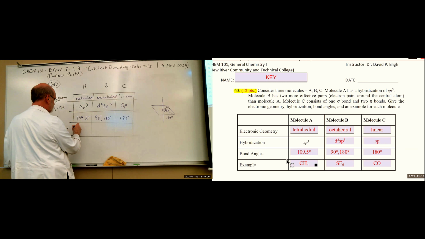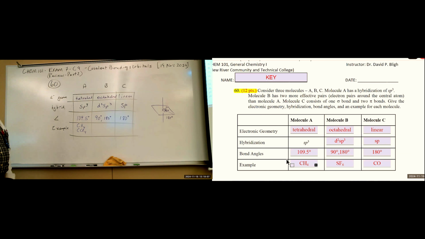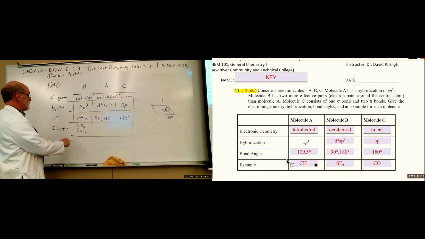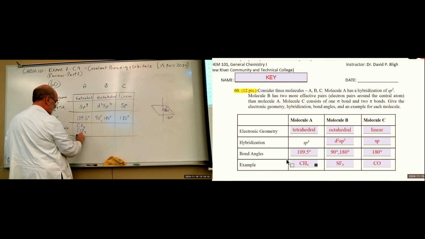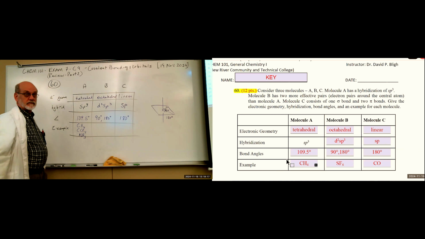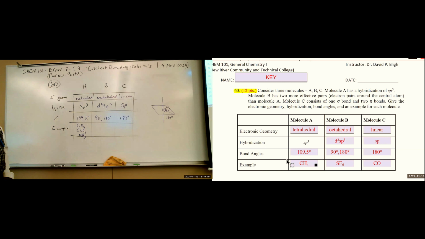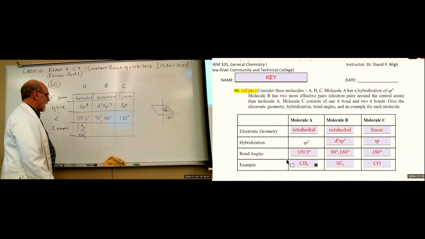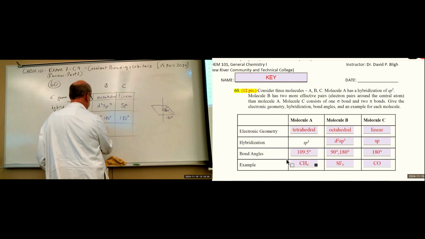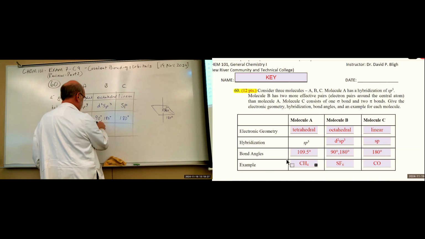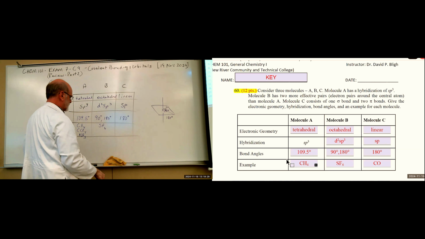Examples. Methane is a good one. Carbon tetrachloride is a good one for tetrahedral. If you want tetrahedral electronic geometry, you can also have ammonia, right? Because it's electronic tetrahedral. Octahedral, SF6 is good. It would have both of those possibilities.